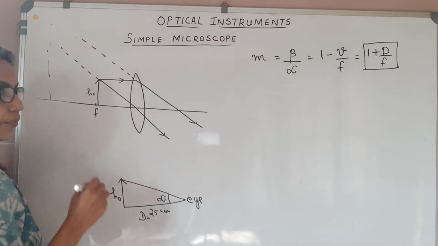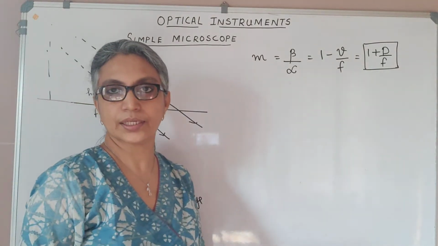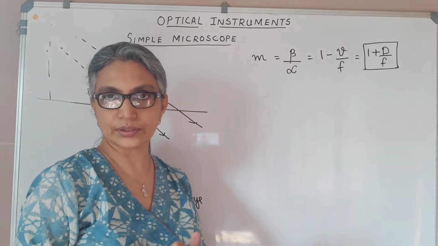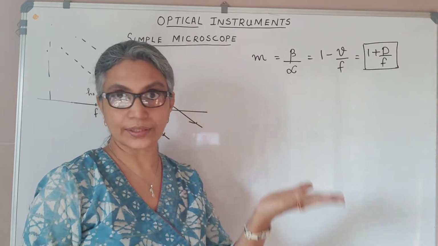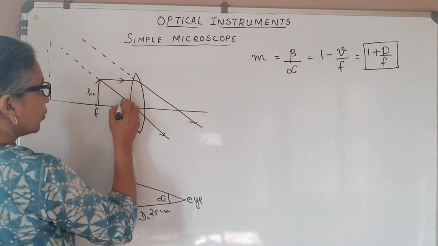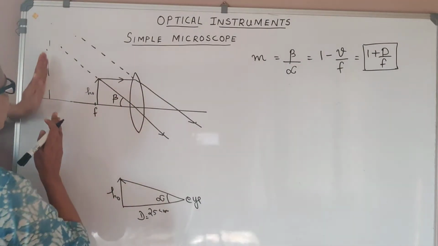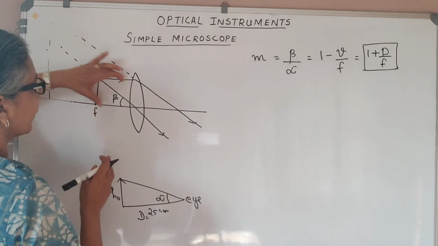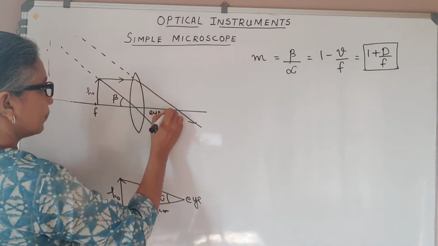So now what did we define beta as? Beta is the angle subtended by the image at the eye, right? So here this angle is what we call beta, because whatever angle is subtended by the image at the eye, that is what we call beta.